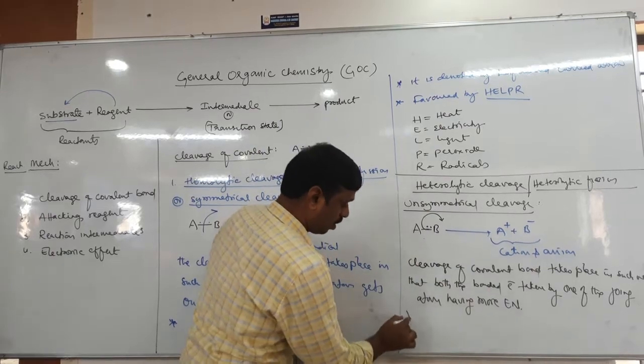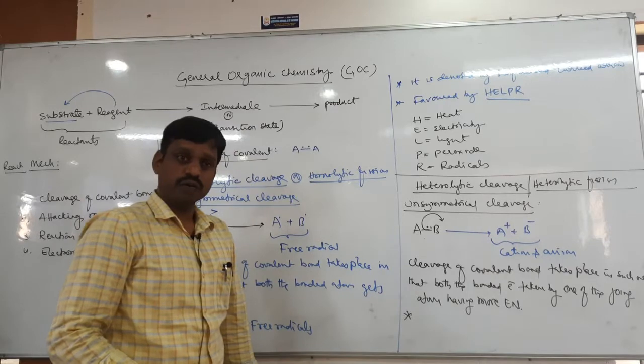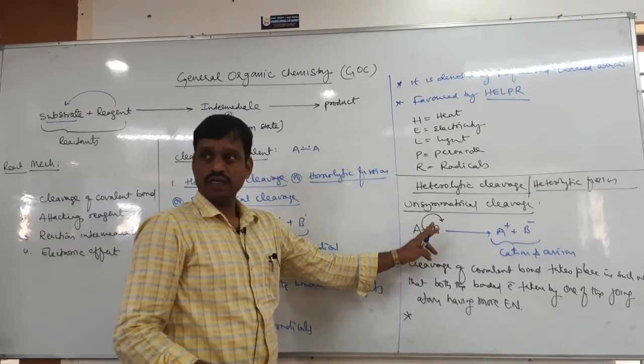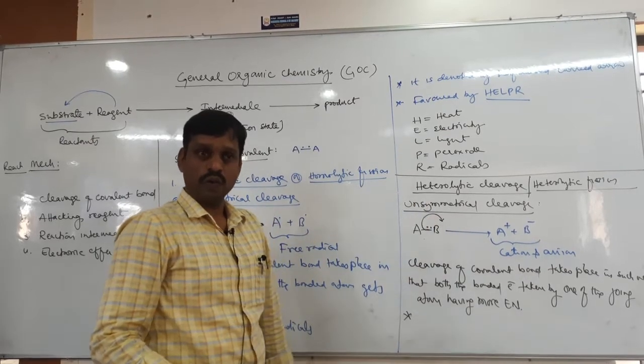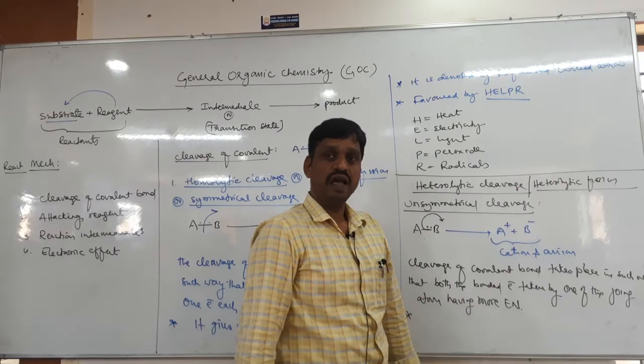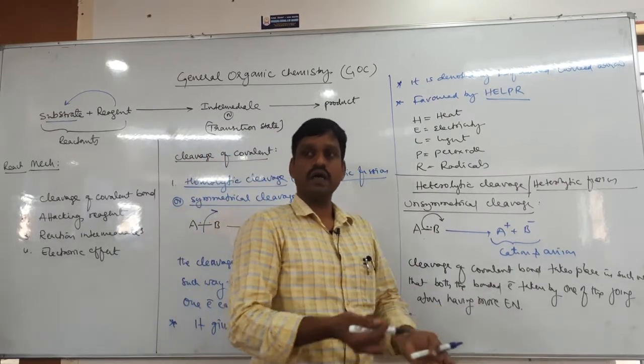So therefore, now tell me, this heterolytic cleavage is denoted by how? It is a complete arrow, right? Full-headed complete arrow. And what are the products formed here? Cation and anion. If it is the case of an organic compound, carbocation and carbanion.